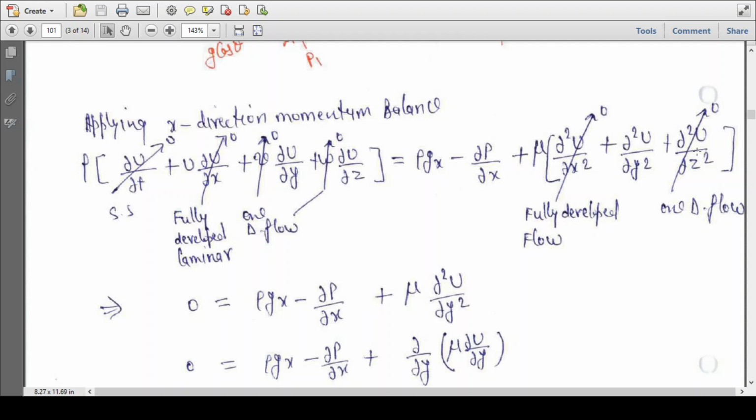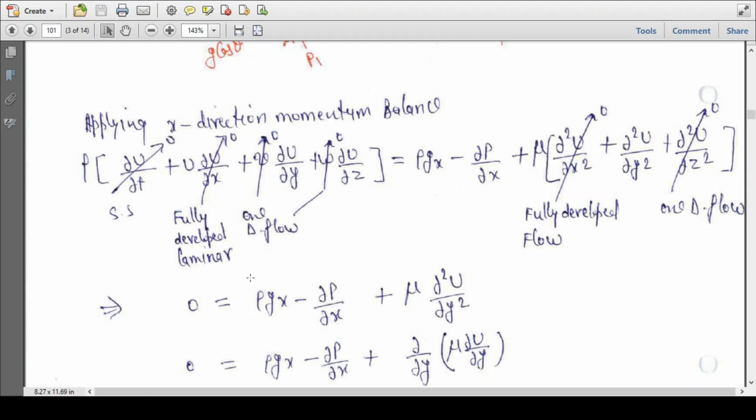So magnitude wise, the del u upon del y term is much more significant as compared to del u upon del z. So the del square u upon del z square term is also cancelled.